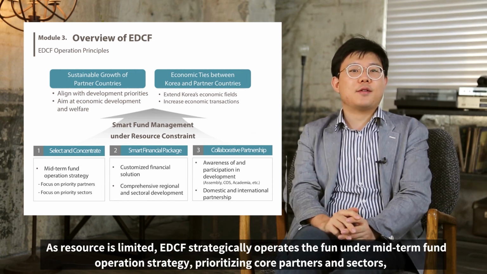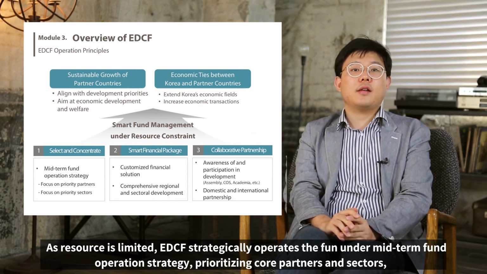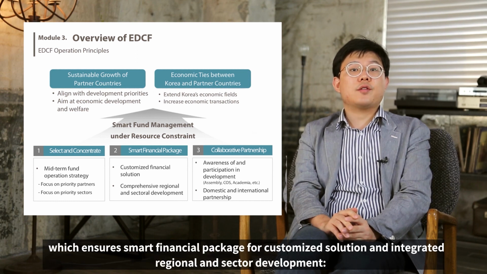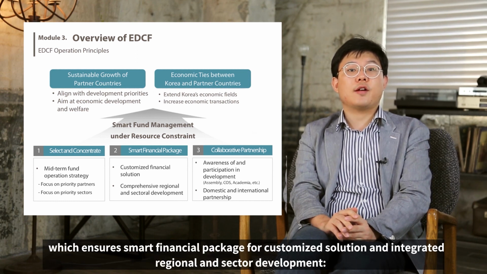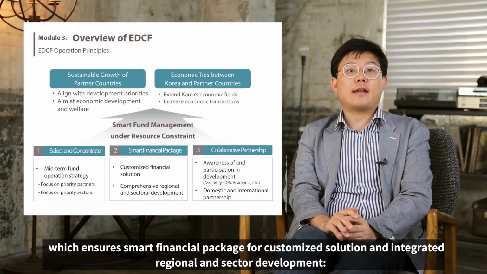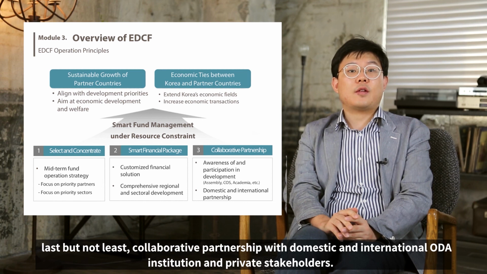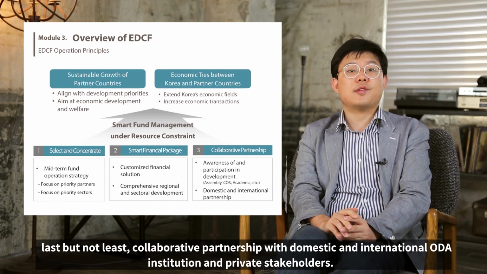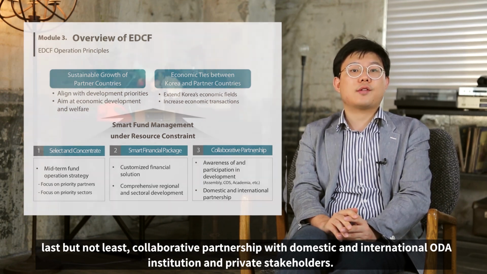As the resource is limited, EDCF strategically operates the fund under the midterm fund operation strategy, prioritizing core partners and sectors, which ensures smart financial package for customized solution and integrated regional and sector development. Last but not least, collaborative partnership with domestic and international ODA institutions and private stakeholders.